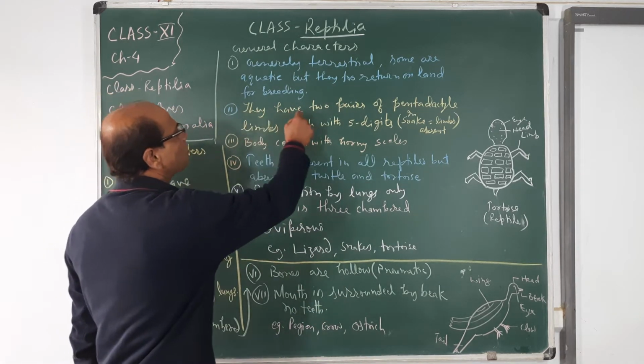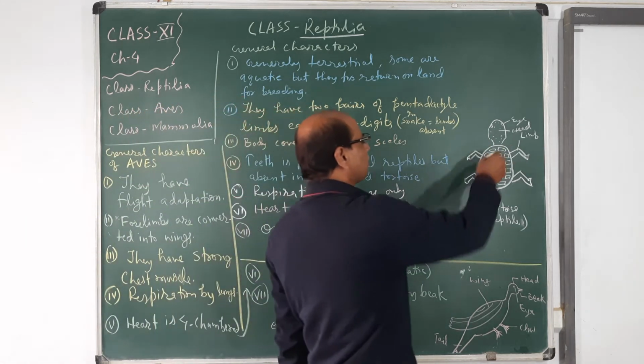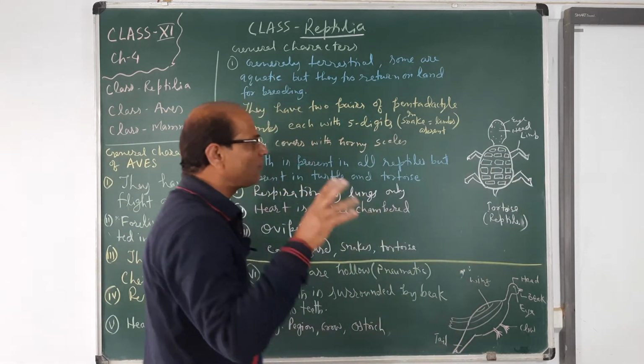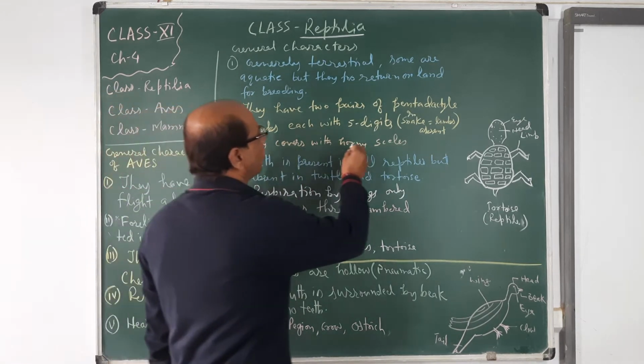They have two pairs of pentadactyl limbs. So forelimbs and hind limbs are there, having five digits in them. The body is covered with horny scales.